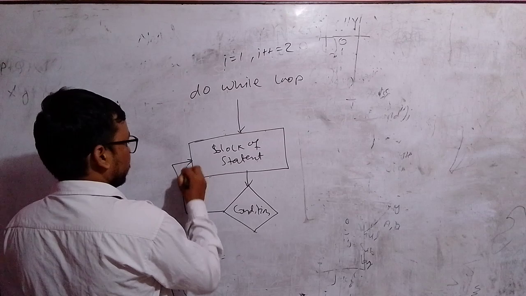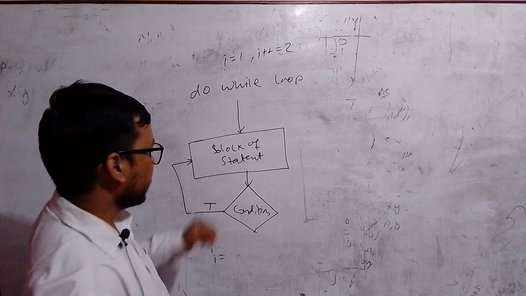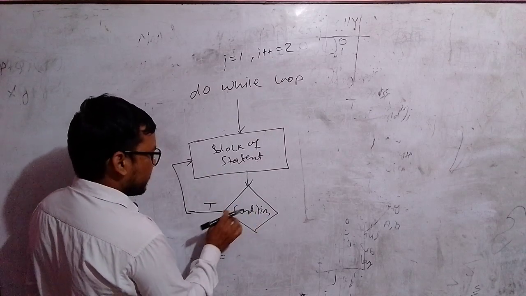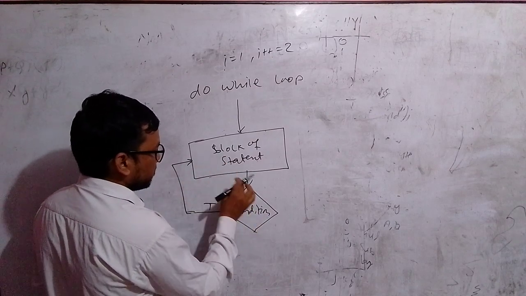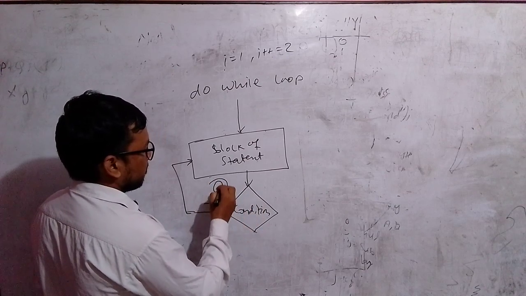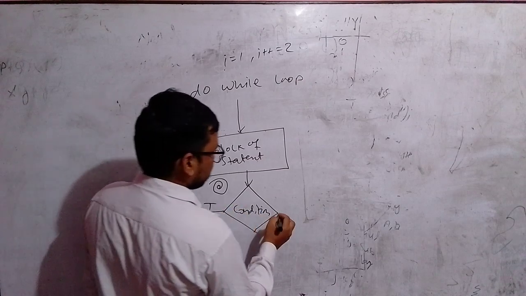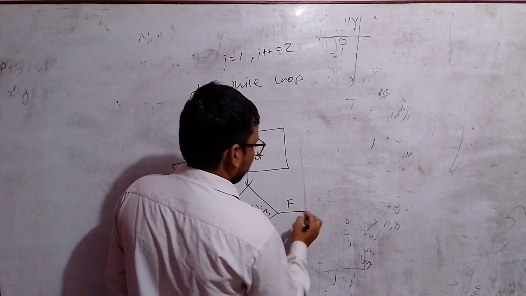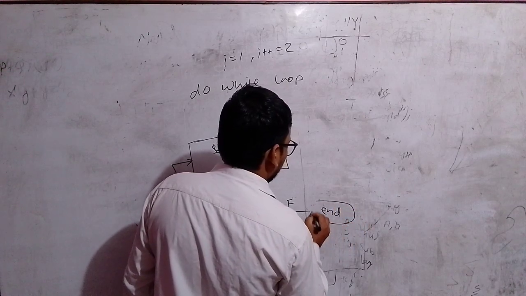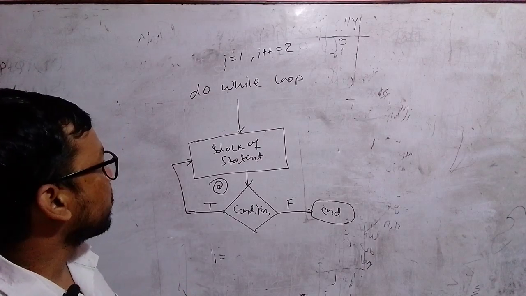If this gives true, then it goes to that block of statements to execute again, and again the condition is checked, and if it again becomes true, the same block will execute, and control goes to the condition and loops. There occurs a looping cycle. And if in any case the condition is not satisfied and gives false, then the program will terminate. This is the flowchart of the do while loop.